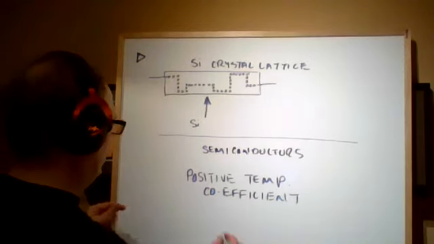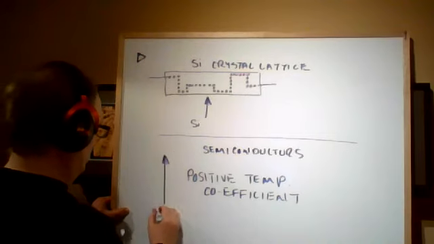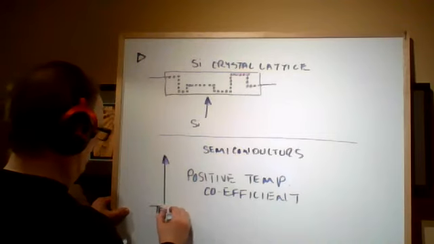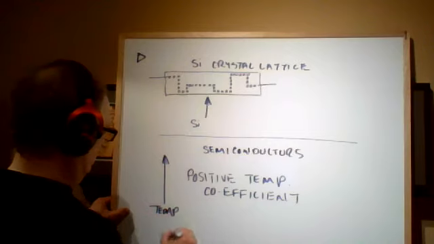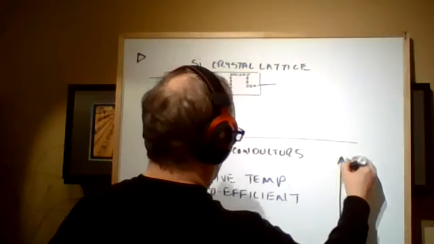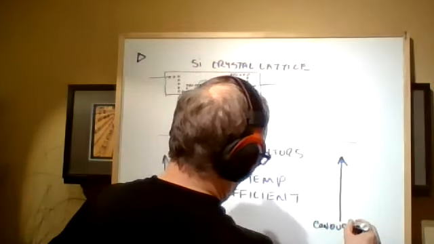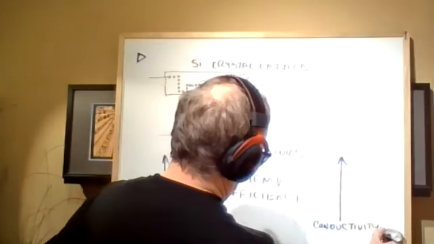What we're really saying here is that as temperature rises, in other words, as this material gets hotter, its conductivity also rises. Or we could say that its resistance goes down.